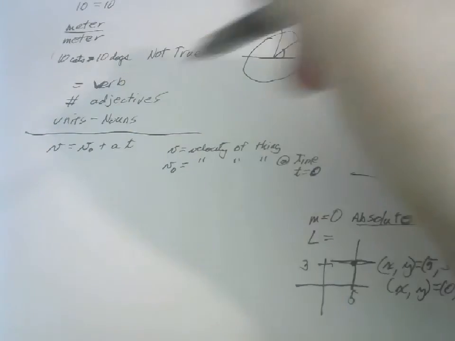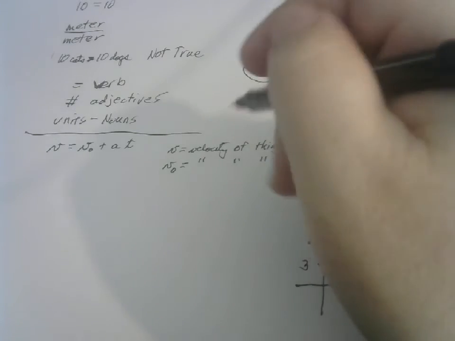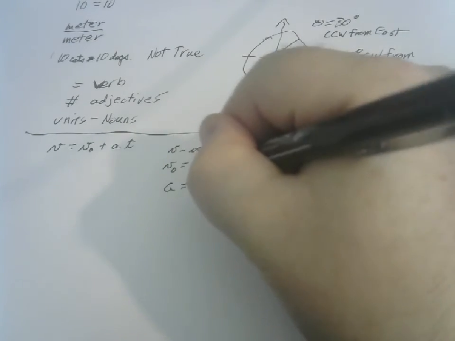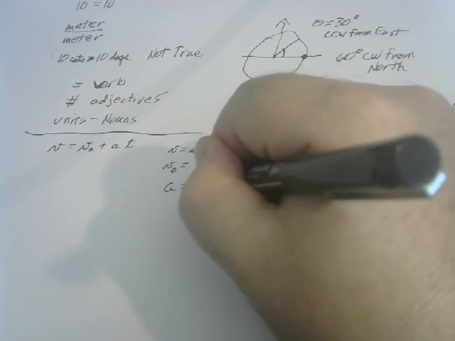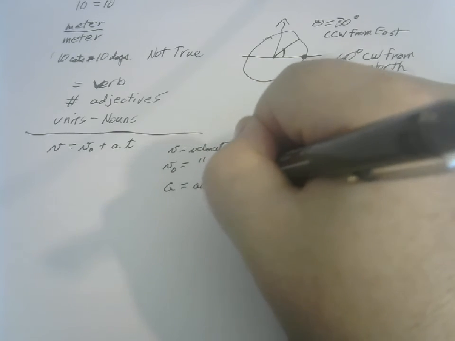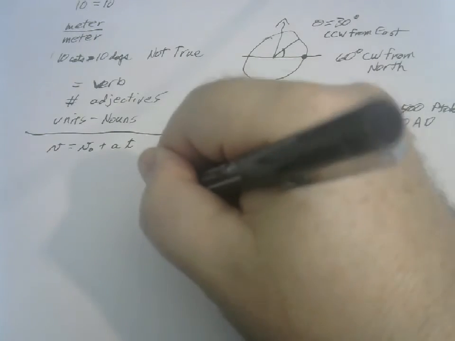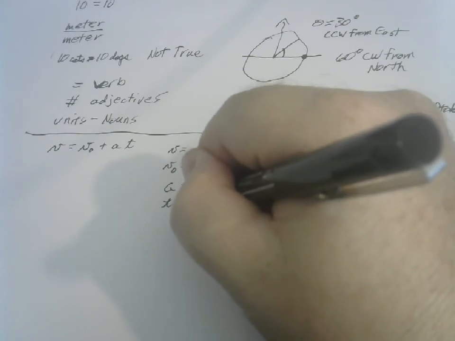V equals v sub naught plus at. Here's the thing. Acceleration is an acceleration, and t is a time.